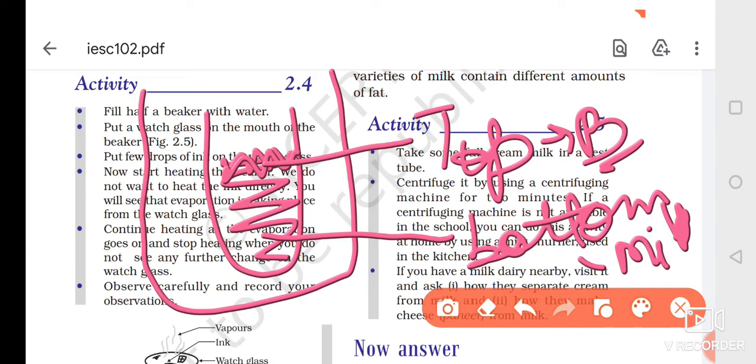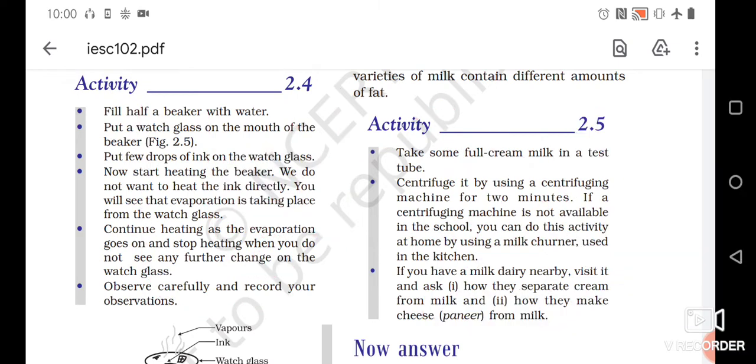We use centrifugation where my solid particles are so small that they cannot be separated through filtration.